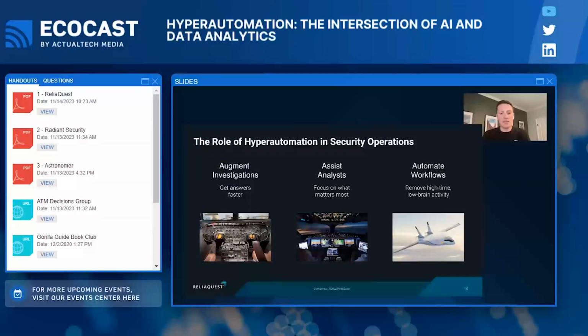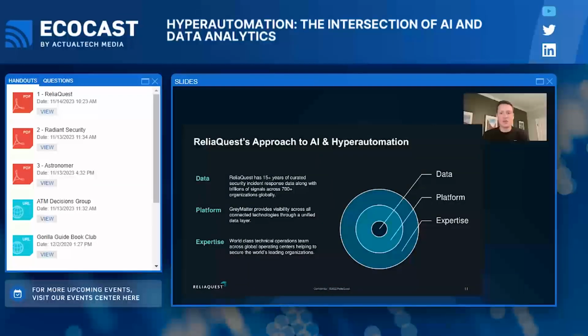So now let's look at our approach to AI and hyperautomation and really how that's broken down here. And first and foremost, the top component here is data. So we think everything here is really centered around data because as we discussed, right, security is a problem of data. Luckily, though, that can actually become a unique advantage if you know how to properly harness that data and you have the right data at your disposal.